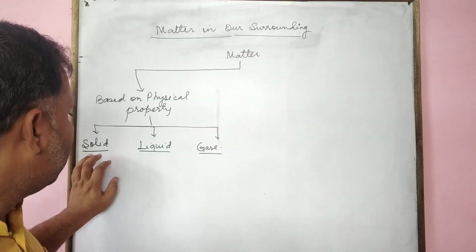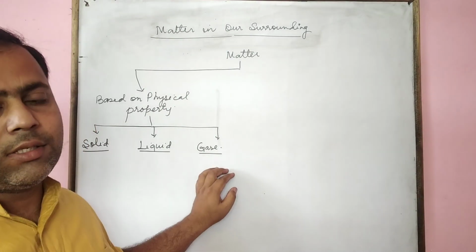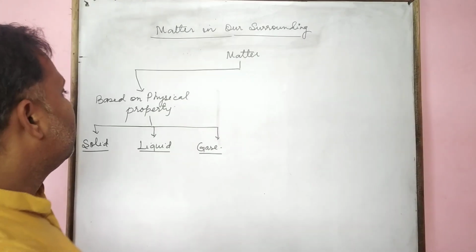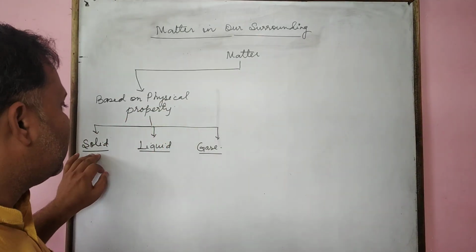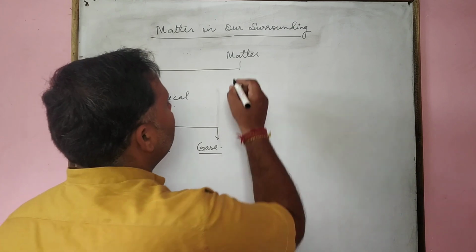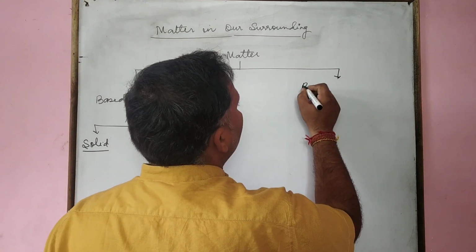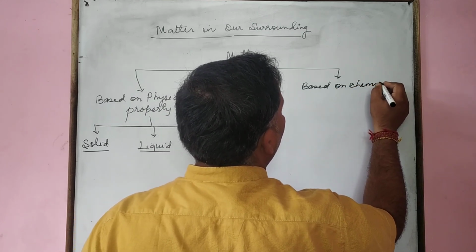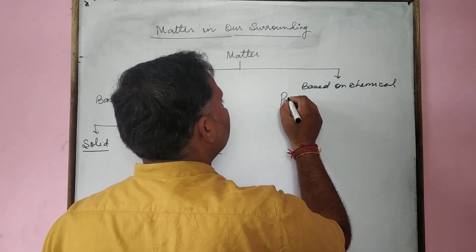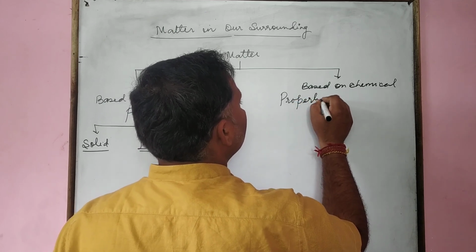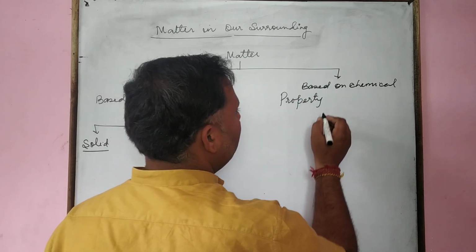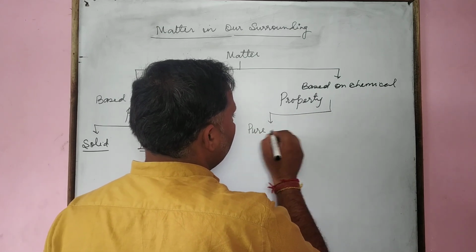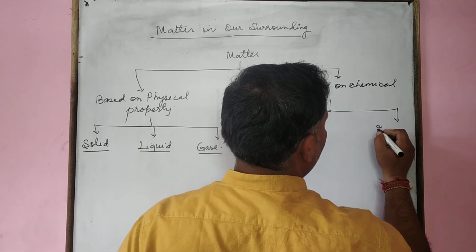We will discuss all these states, solid, liquid, and gases, in this chapter. But before that, let us know what is the classification. Based on the physical property, it is categorized into solid, liquid, and gases. The next one, based on chemical property, it is categorized into pure and impure.